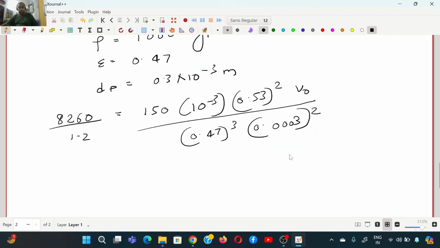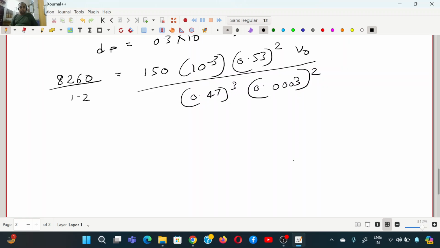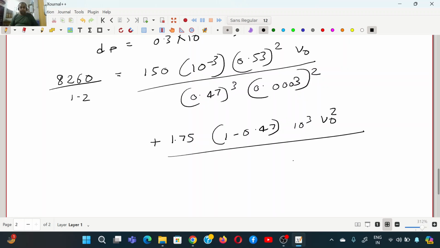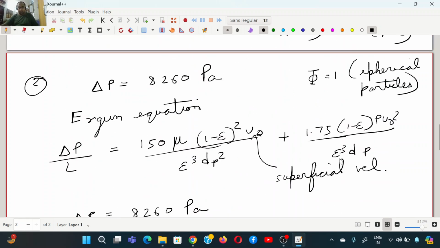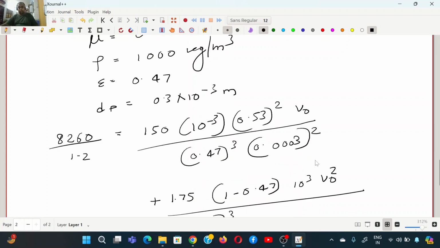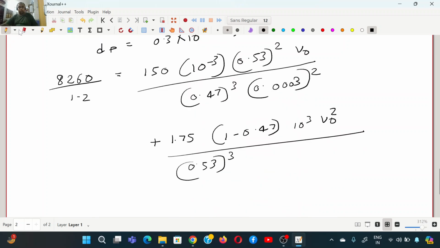This is the Kozeny-Carman part of the Ergun equation, and this is the Burke-Plummer part. Epsilon cube, so it's 0.47 cubed.